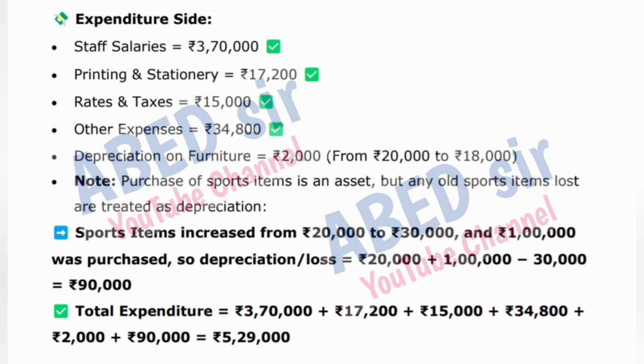Sports items increased from 20,000 to 30,000 rupees and 1 lakh rupees was purchased, so depreciation loss is 20,000 plus 1,00,000 minus 30,000, which is 90,000 rupees. Total expenditure is 3,70,000 plus 17,200 plus 15,000 plus 34,800 plus 2,000 plus 90,000, which is 5,29,000 rupees.